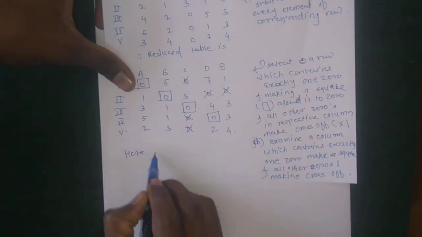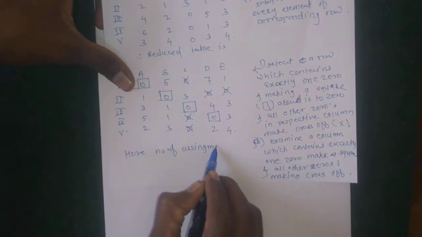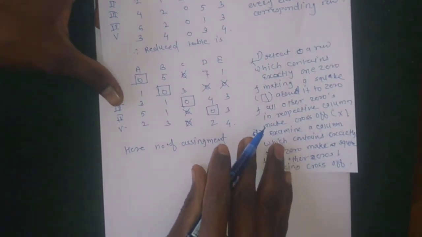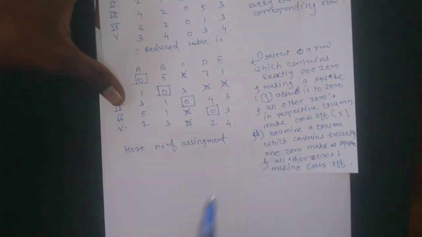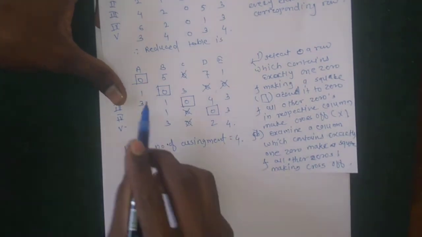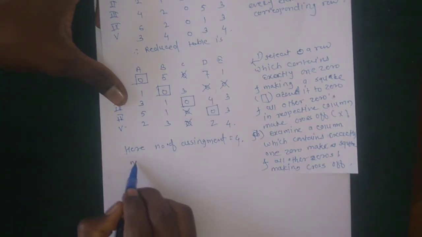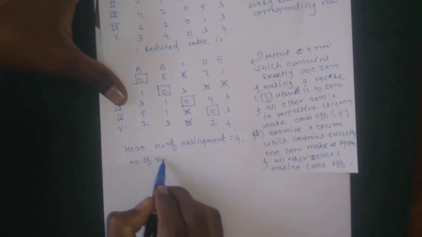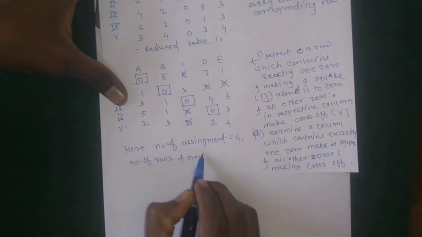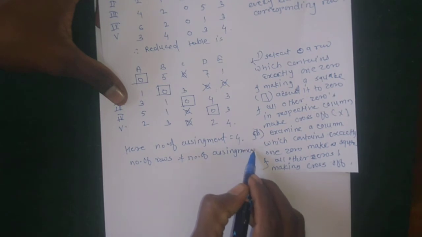Here the number of assignments means the zeros marked with squares. Okay, so the number of assignments is equal to 4, and the number of columns is equal to 5, so therefore the number of rows is not equal to the number of assignments, and therefore we get a not optimal solution.